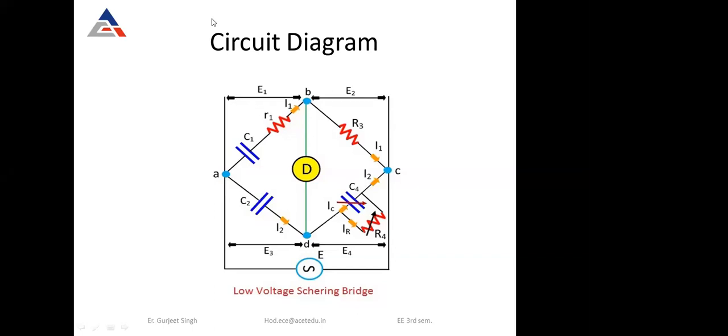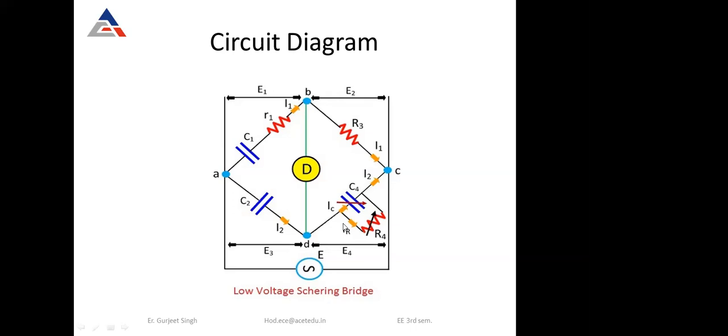Arm BC consists of the resistance R3 only. Then we have the arm AD, which consists of only the capacitor C2. Then we have the arm CD, in which we have one more capacitor, C4, and the resistance R4.